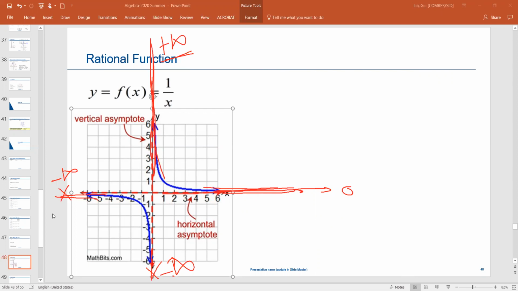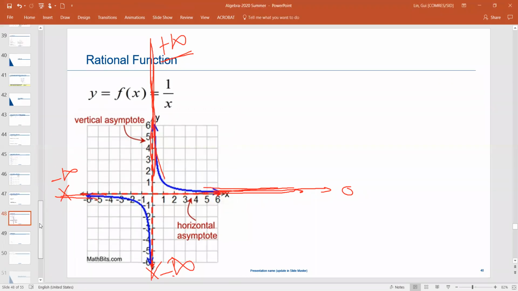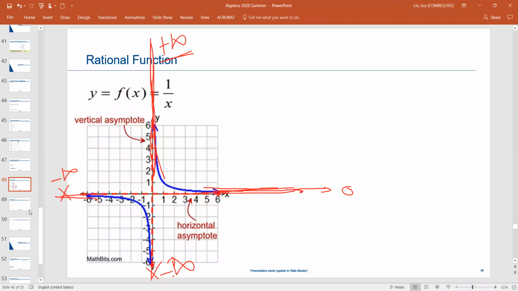Let's see next. So that's special, right? Did you guys hear about graphing these kinds of curves before? Has someone learned this part already? Mason, did you learn this one before somewhere? Yes. You learned this already? In your school?